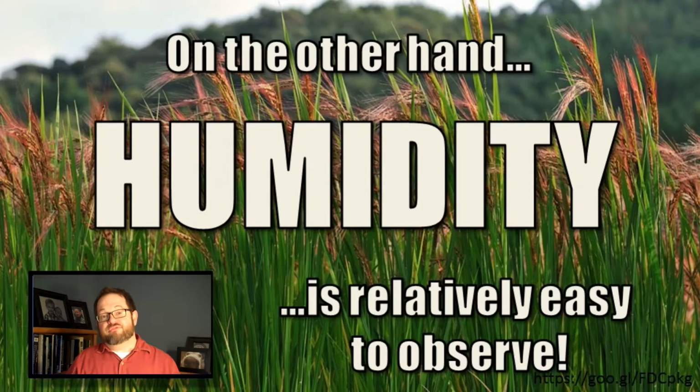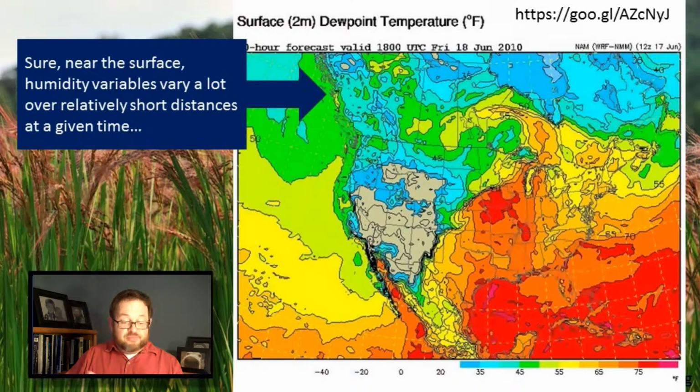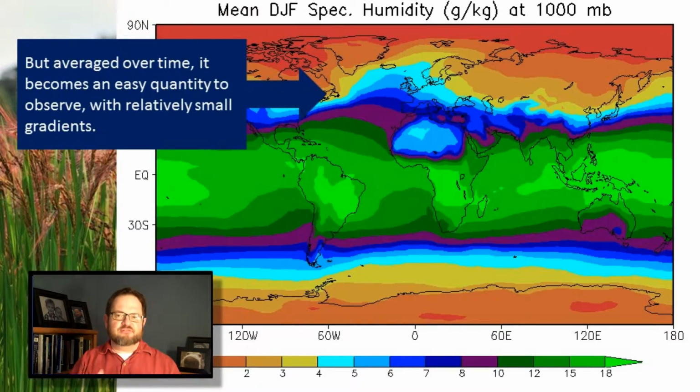Which makes us all the more grateful for what we were able to do when it comes to humidity. When it comes to humidity, it was actually relatively easy to observe using simple equipment. It has a fair amount of variability over short distances at any given time, but averaged over a period of days, weeks, months, years, those gradients get relatively smooth. We have relatively straightforward patterns to the humidity.